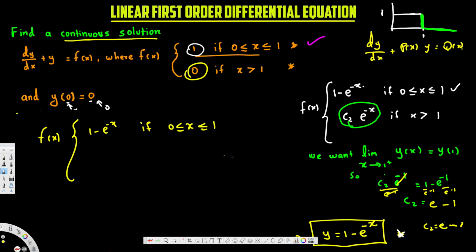And c2 we found out is e minus 1, so instead of c2 we replace that with e minus 1. So e minus 1 times e^-x, if x is greater than 1. And this is our final solution of this differential equation.